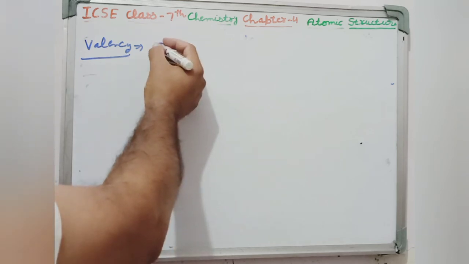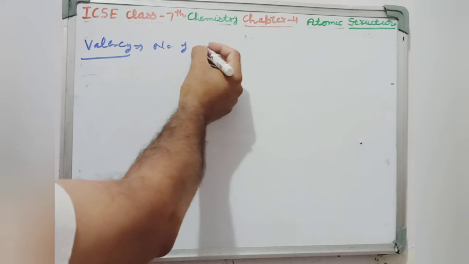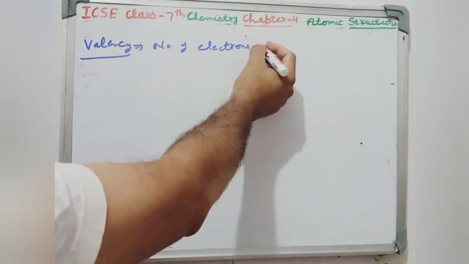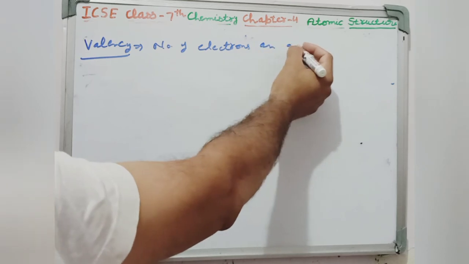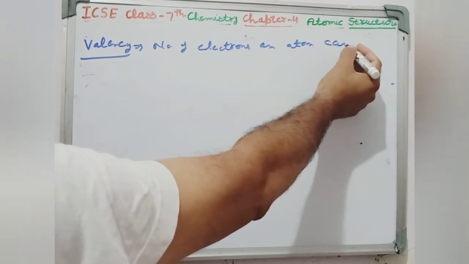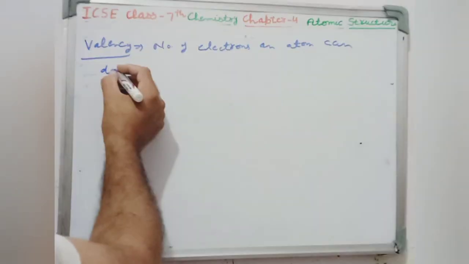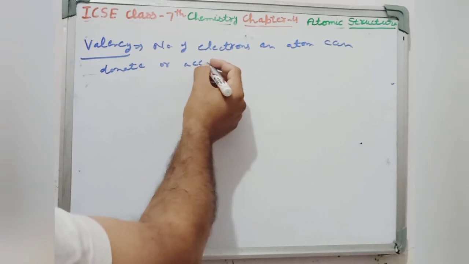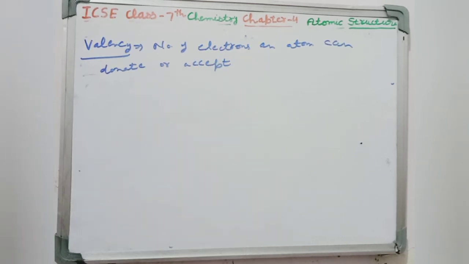So valency is the number of electrons an atom can donate or accept while forming compounds, that is, electrons gained or lost.